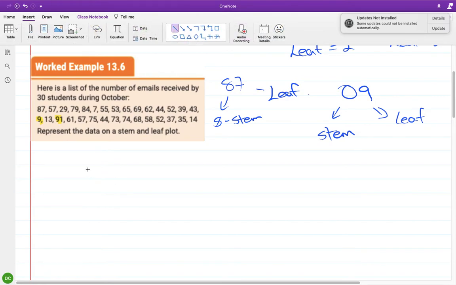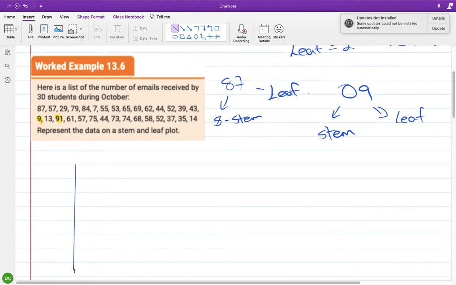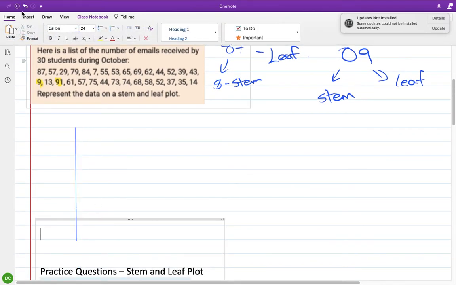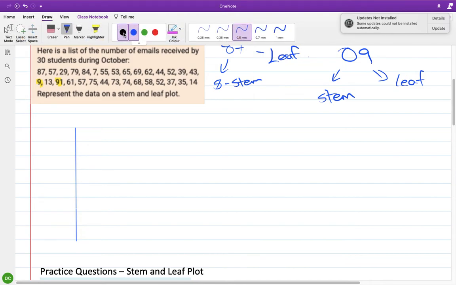Alright, so let's try. Okay. So we're going to put the stems here, and we're going to put the leaves over here. Okay, so I need to get from 0 to 9. 0, 1, 2, 3, 4, 5, 6, 7, 8.